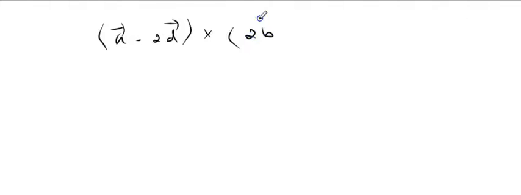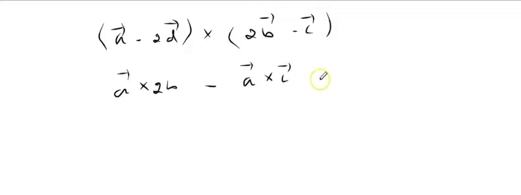That is, I can now write this as (a − 2d) × (2b − c). Now, when I expand this, I will get a × 2b minus a × c minus 2d × 2b.